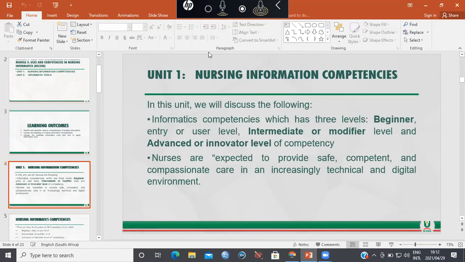And what are those levels? We have 1, beginner, entry or user level of competency. We have intermediate or modifier level of competency. And lastly, we have advanced or inventor's level of competency.